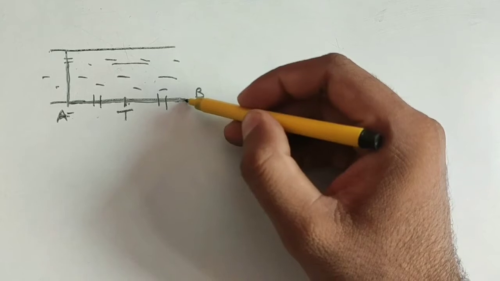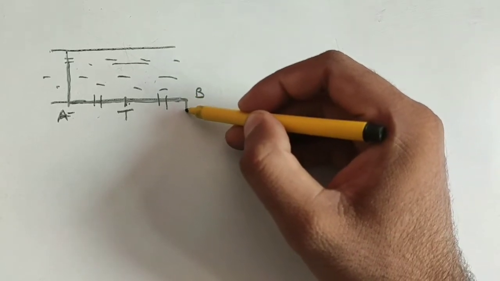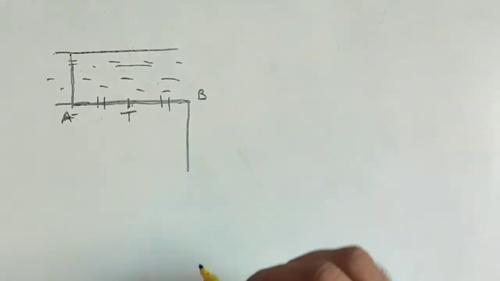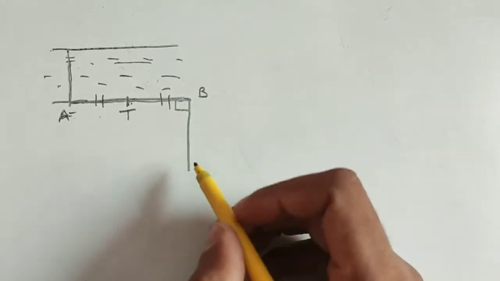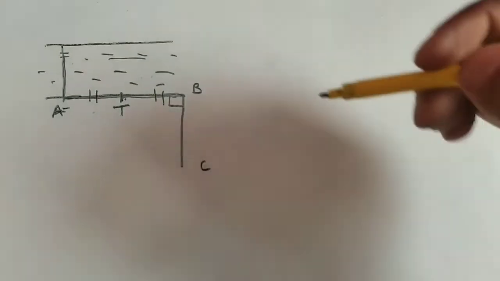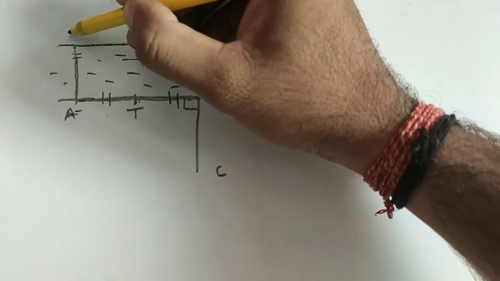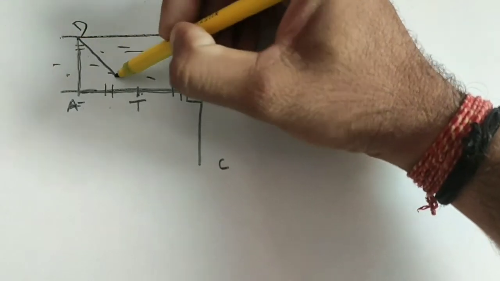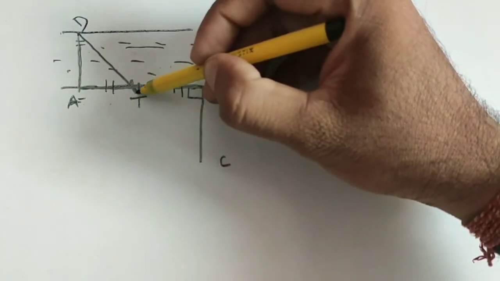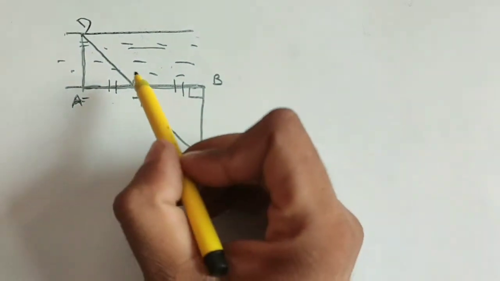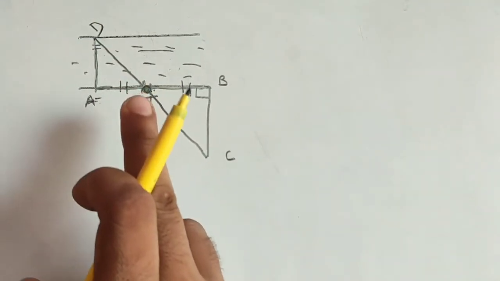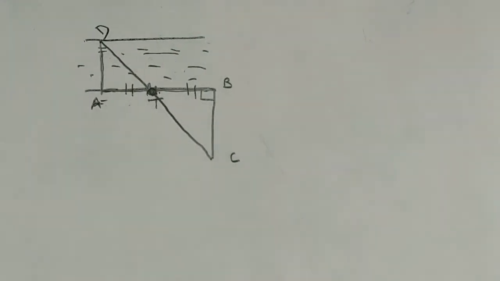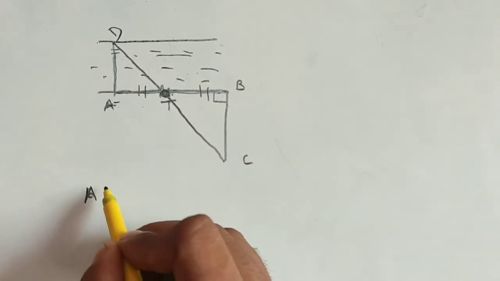Now from B, what we need to do is draw a perpendicular from B. We move perpendicularly from B to, suppose, point C. And this point C is such that D, T and C are in the same straight line.